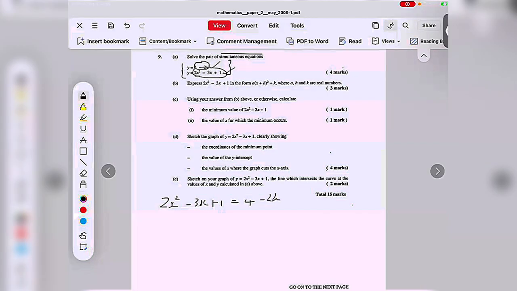I will write it this way because I want my square to be on the left. So we're supposed to solve this now. Basically what I've done is that I've allowed equation 2 to be equated to equation 1, because they give me the same variable equal to two different equations. So just equate both equations.